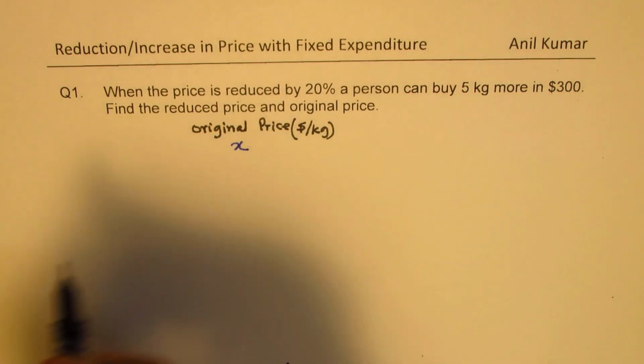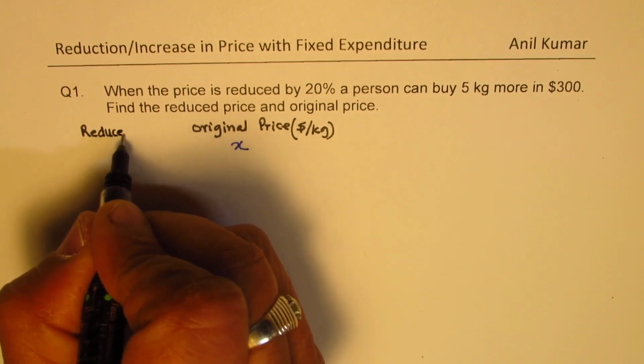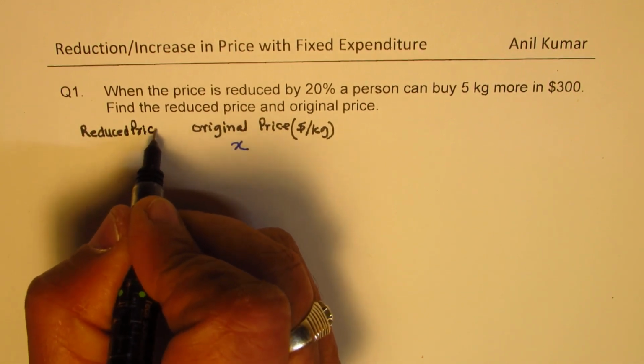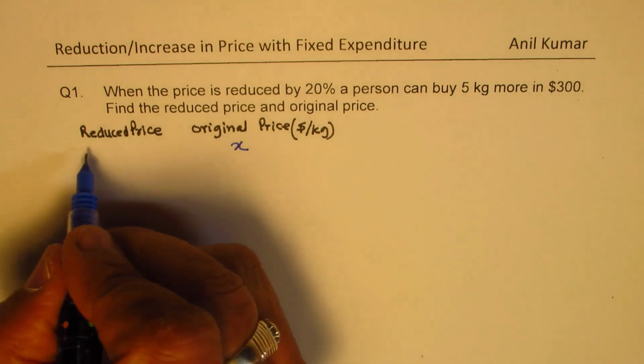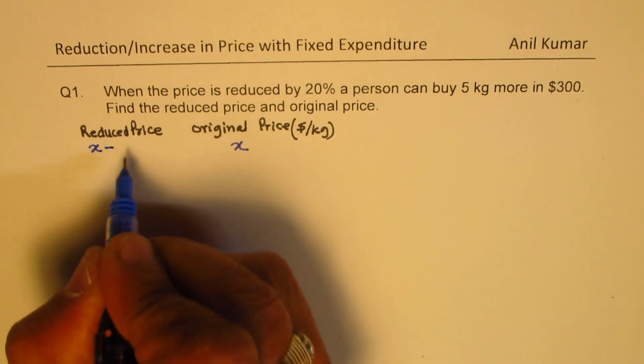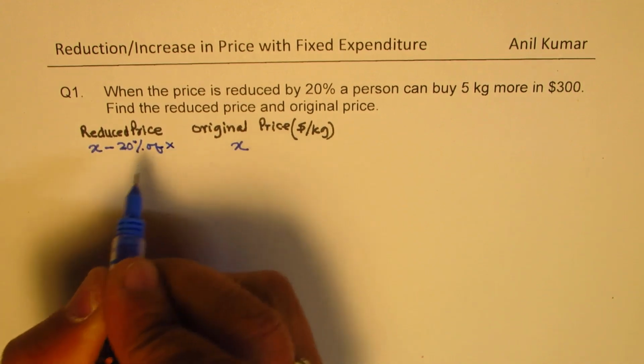The reduced price is going to be less, so we'll write the reduced price here. The price is reduced by 20%. That really means it is X minus 20% of X. Is that clear to you?